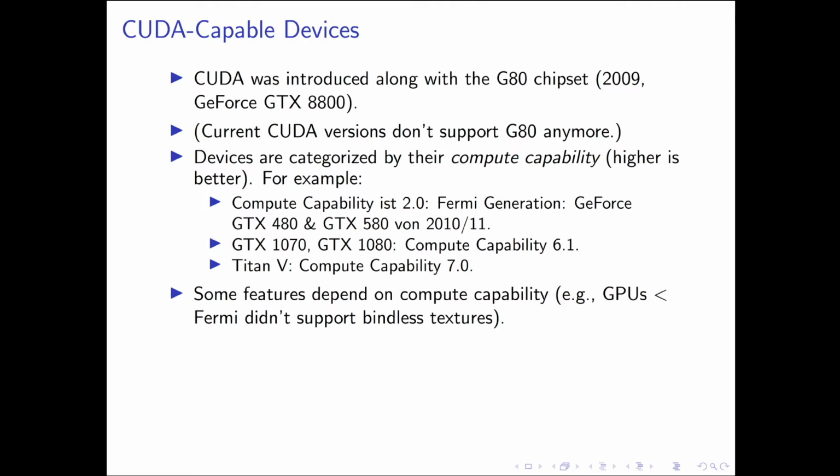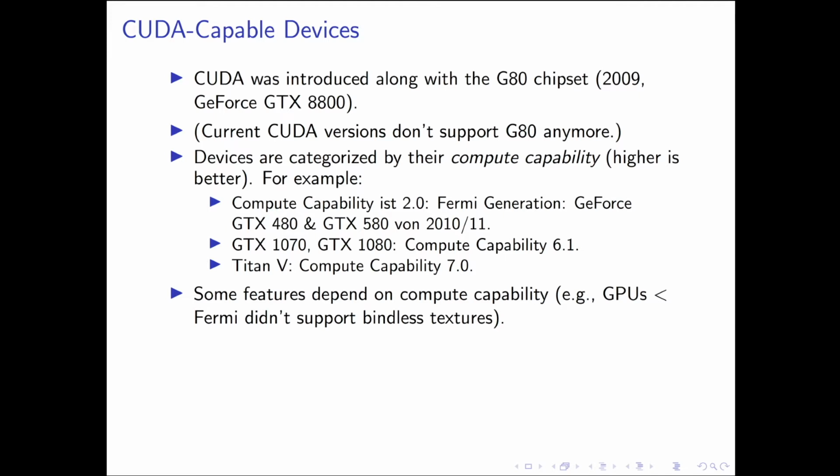Each device is assigned a compute capability, which is basically a number where higher is better. For instance, the Fermi GPUs, like the GTX 480 and the 580, had the compute capability 2.0. And compute capability 2.0 was associated with certain features that were supported by the GPU, so that they could be used in the CUDA programs.